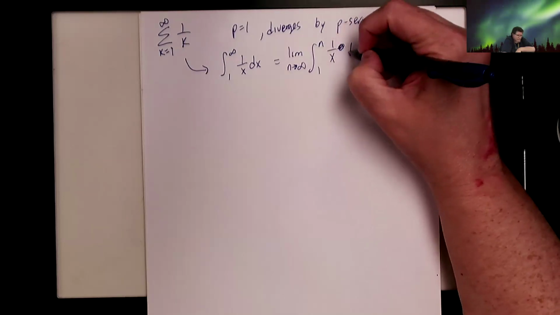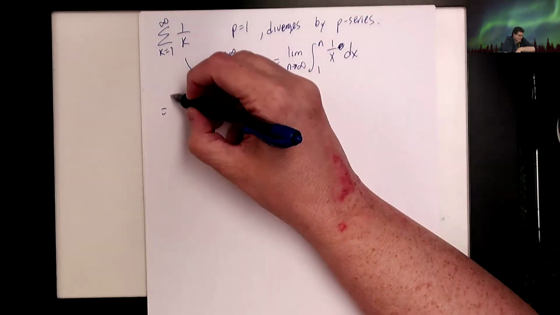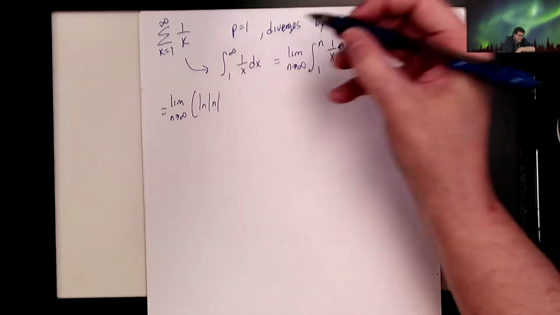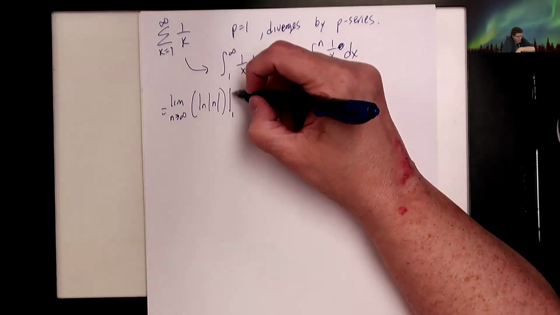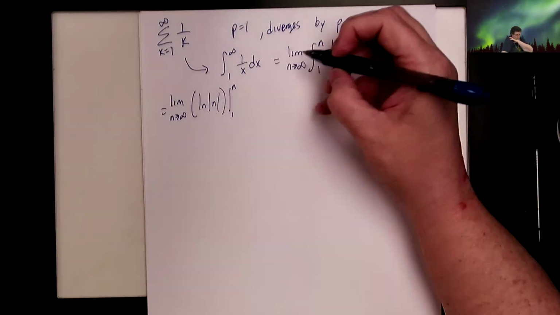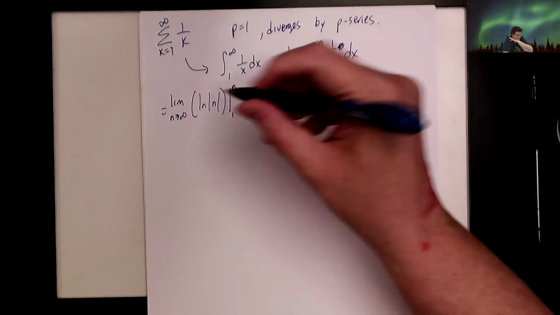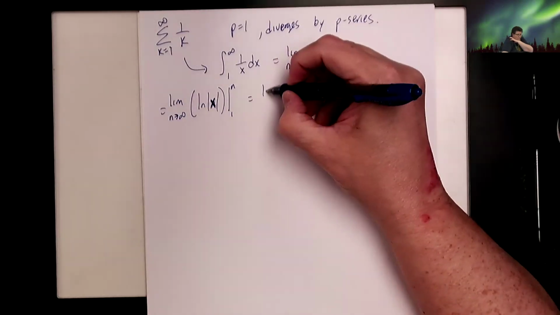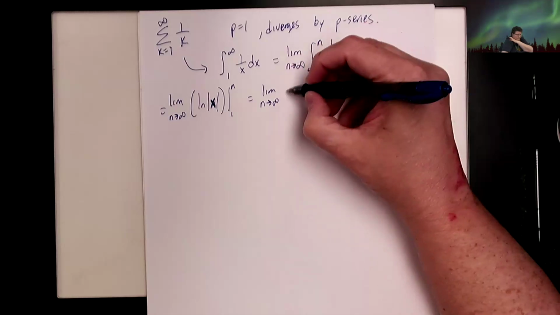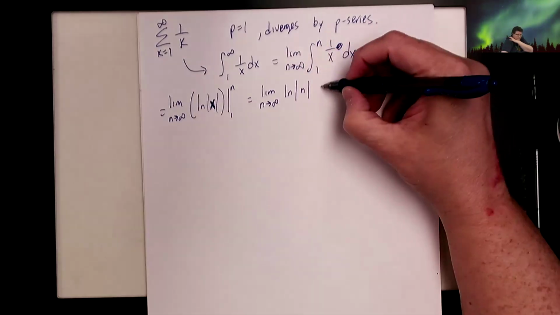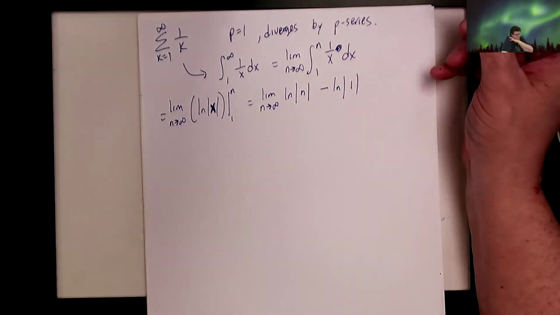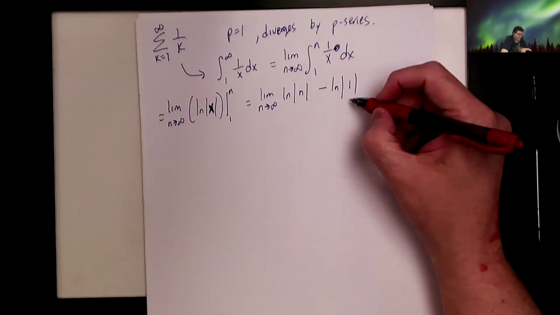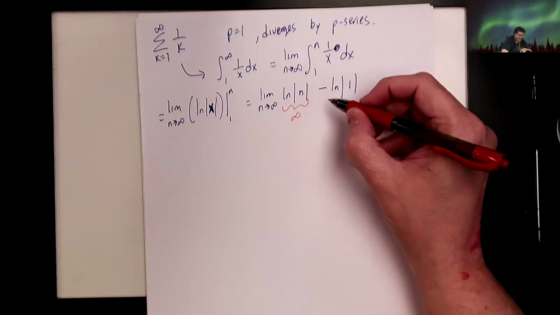This becomes the limit as n goes to infinity of the natural log of n from 1 to n. I'm getting ahead of myself. And this equals 0, and this is infinity, so this diverges.